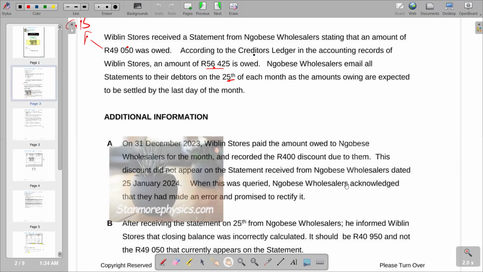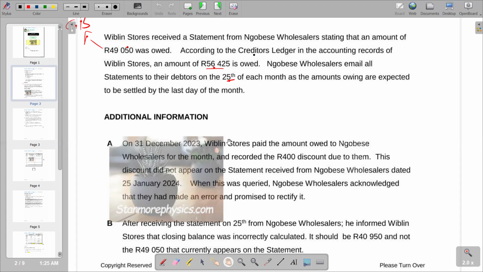When this was paid, Gobies or sellers acknowledged that they had made an error and promised to rectify it. So you see that there's an omission of a discount on the statement. This discount reduces the amount that we owe as a business to Gobies or sellers.